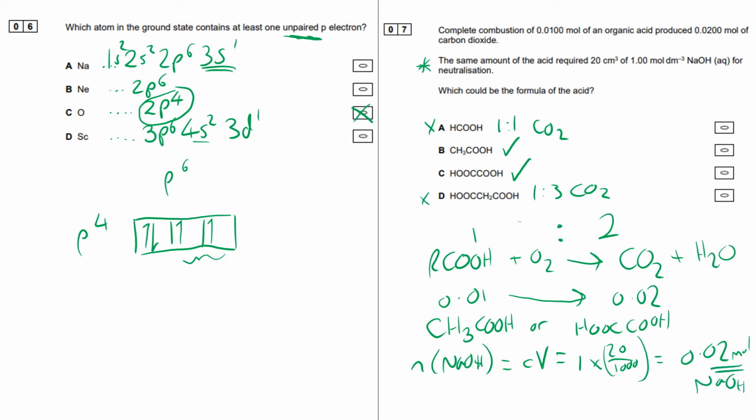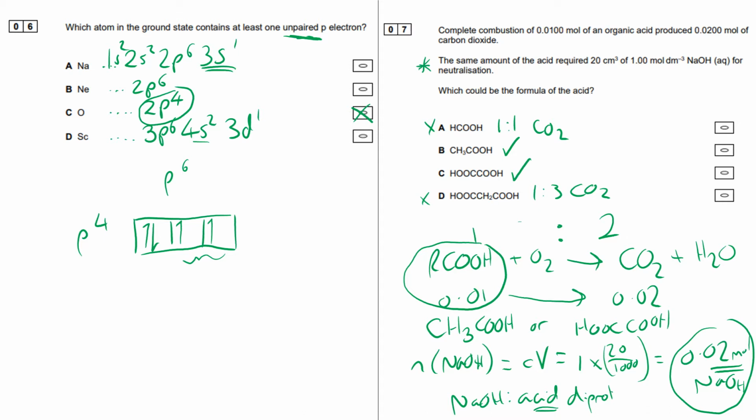So if there's 0.02 moles of NaOH and 0.01 moles of the acid, that suggests that the acid must be diprotic in order for it to react with twice as many moles of NaOH. So it must have 2 carboxylic acid groups. Answer C is correct.